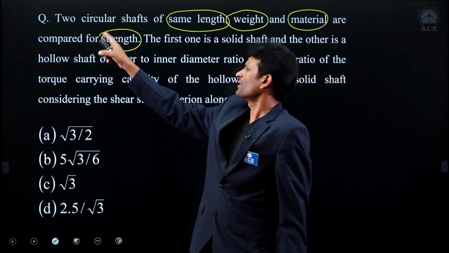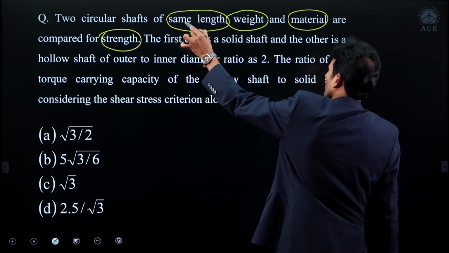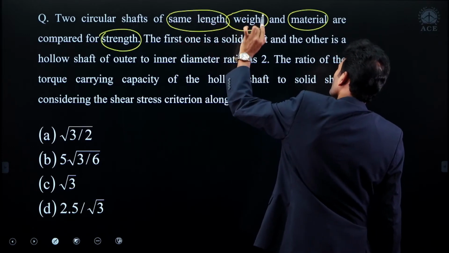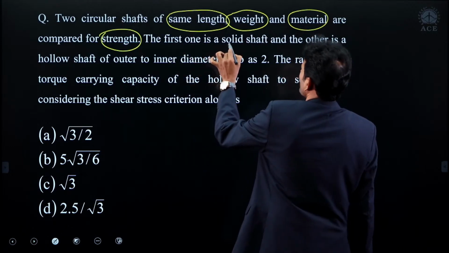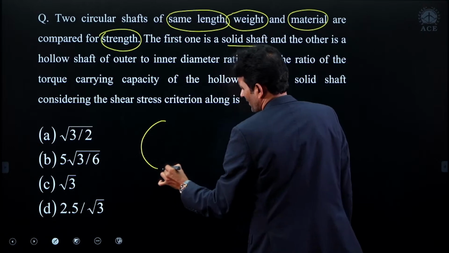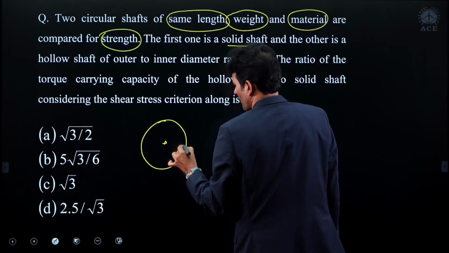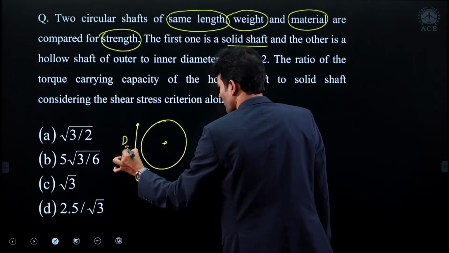We are comparing the strength of these two shafts. These are the boundary conditions we are having: same length, same weight, same material. The first one is a solid shaft. Let us take this as a solid. Let us mark the diameter of this shaft. You can take ds because it is a solid.